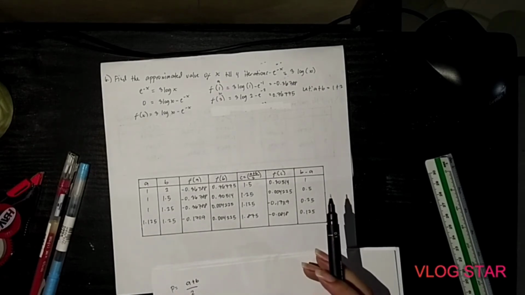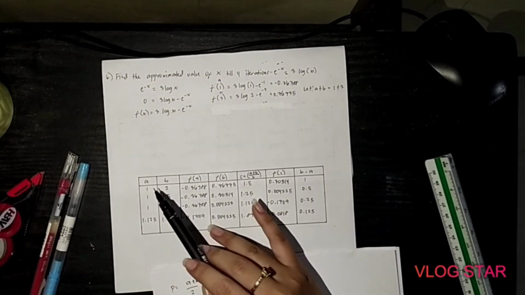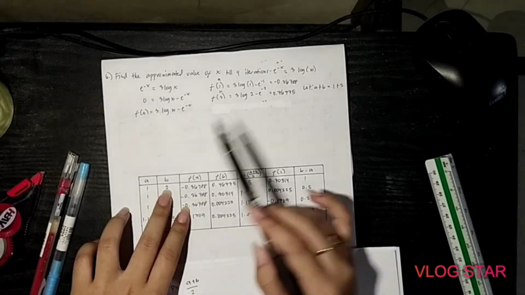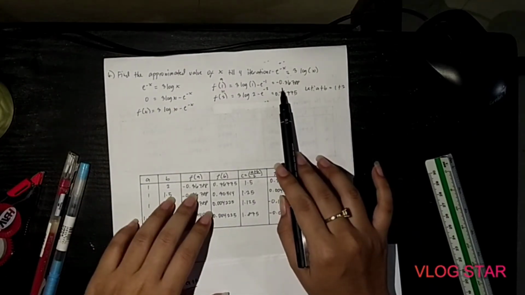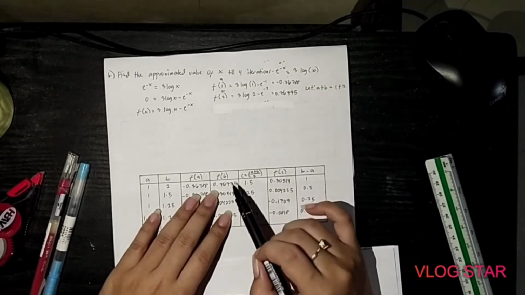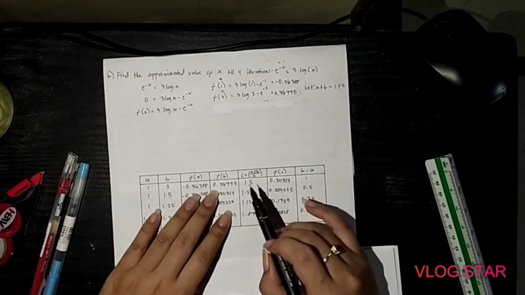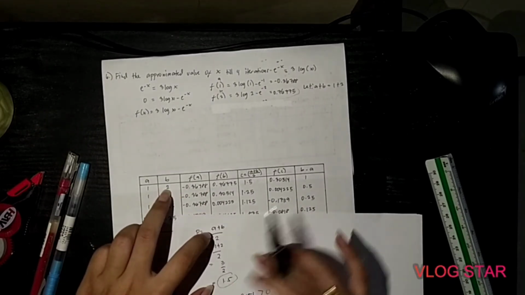So now, let's start. First, the value of a, which is 1, the value of b, which is 2, and then we add these two, so we get 1.5.